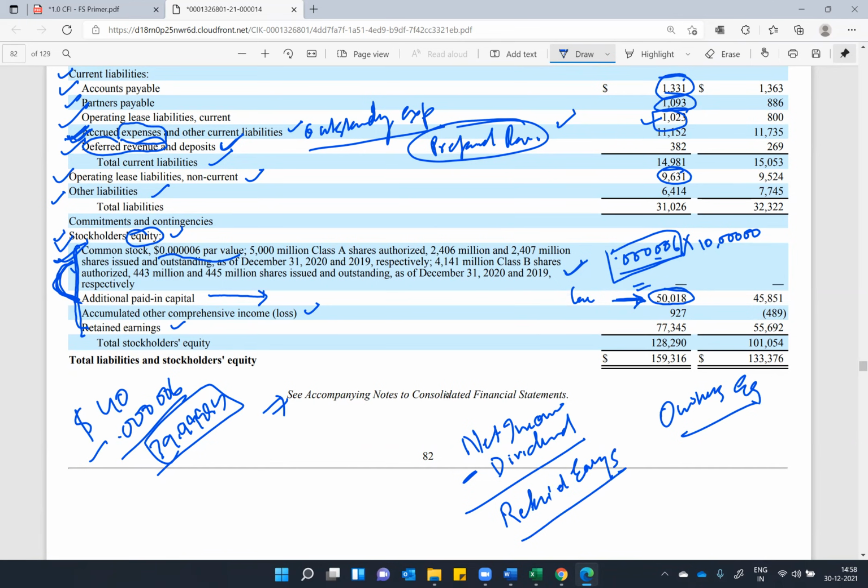So these retained earnings will come here and get added to your shareholder equity. Why? Because equity holders own the business, so all the profit that you generate is attributable to the owners only, right? I repeat, equity holders own the business.